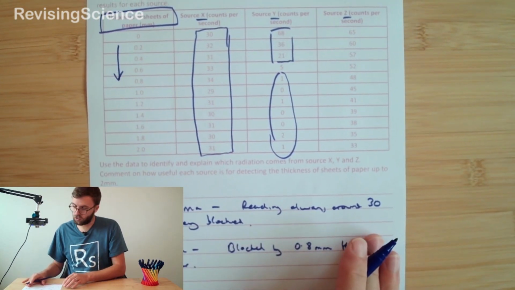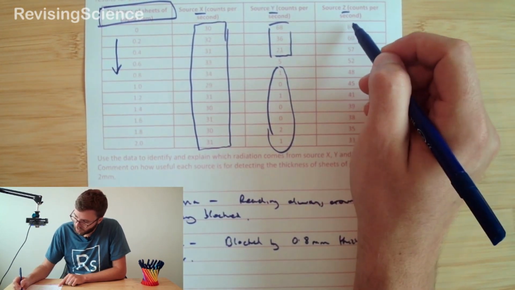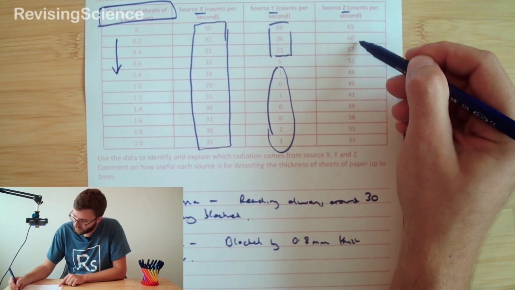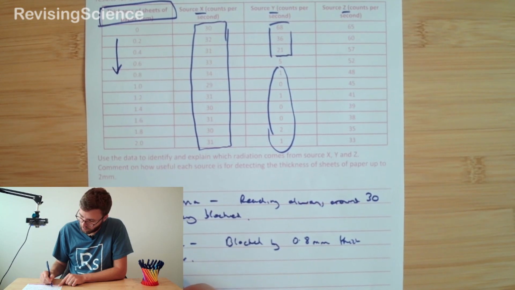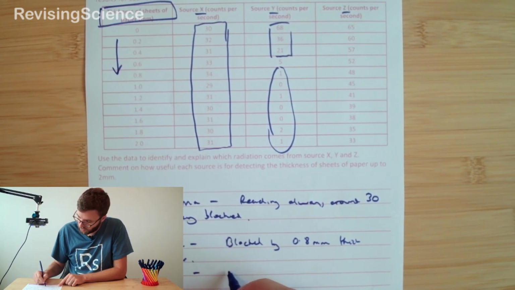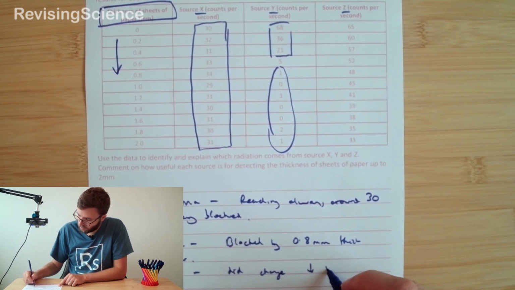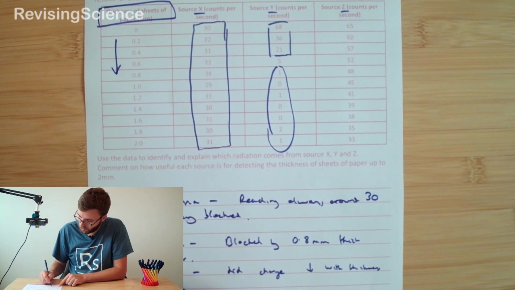Now don't fall into the trap, it doesn't necessarily mean it could be beta next, but let's have a look. We can see that it is quite high, and it's going down as it goes through here. So source Z would be beta, and the reason being it did change with the thickness, so it went down with thickness, but could still pass through.